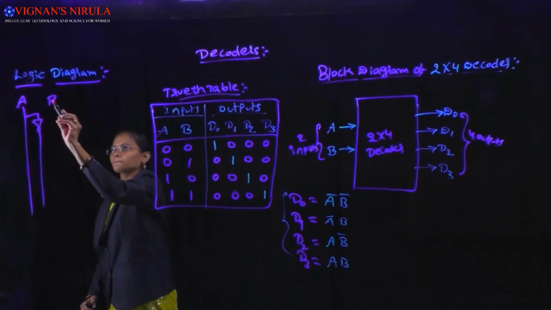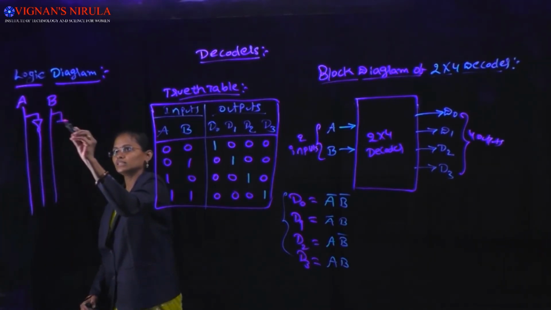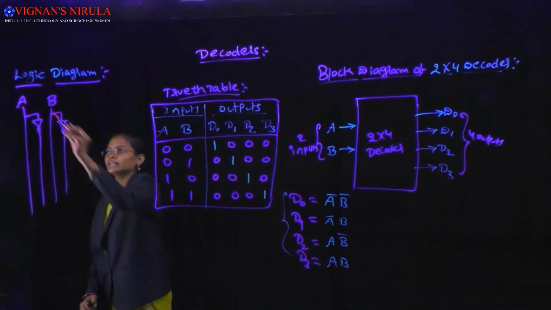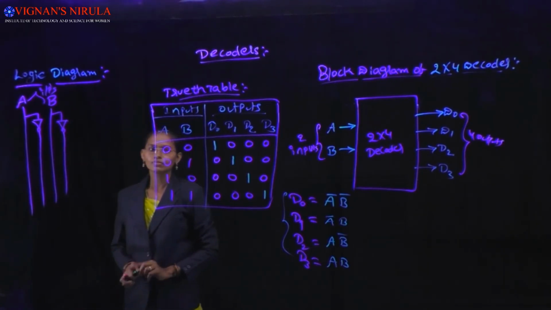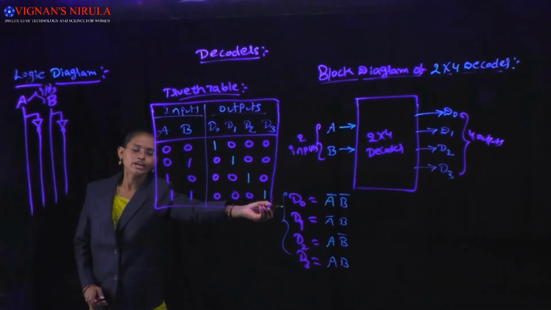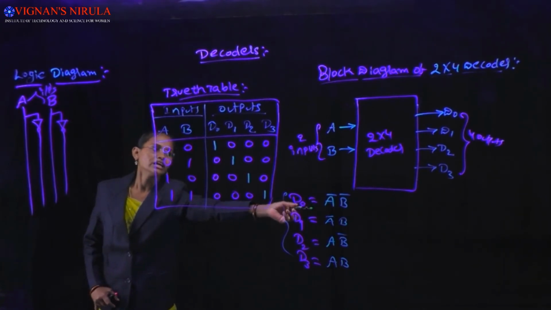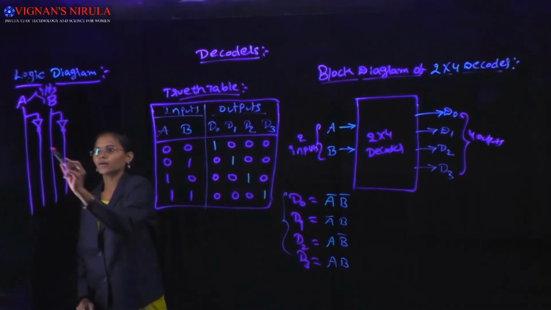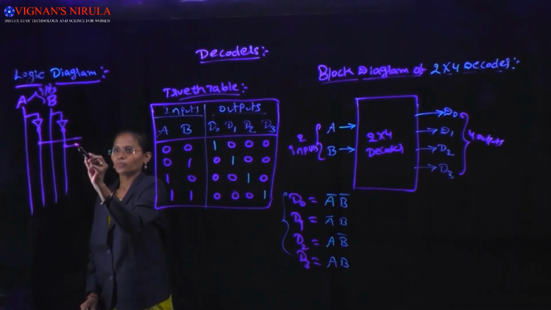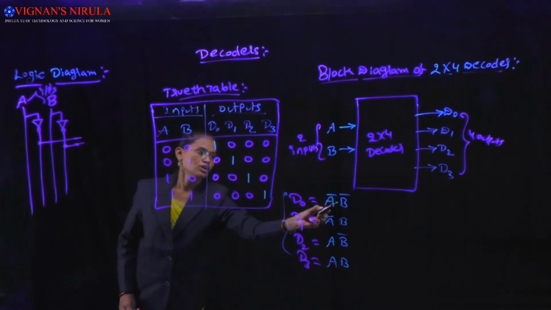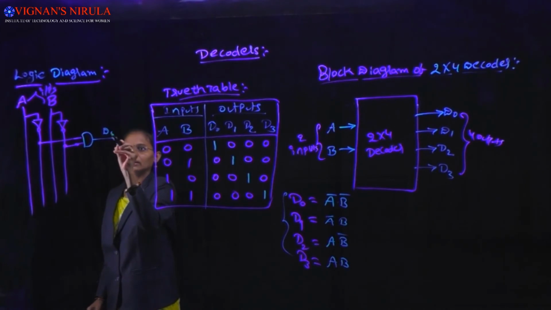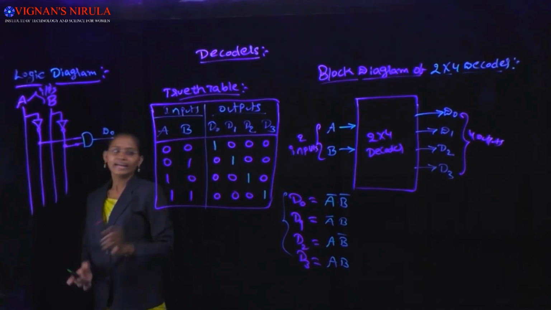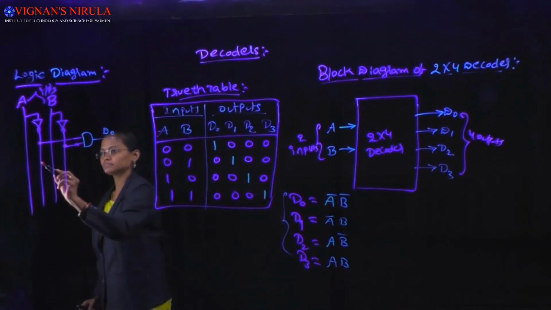Next, the B input, and draw the NOT gate also. A and B are the inputs. Next, the D0 output. What are the connections here? A bar and B bar. The logic gate here is AND logic. This is the D0 output.